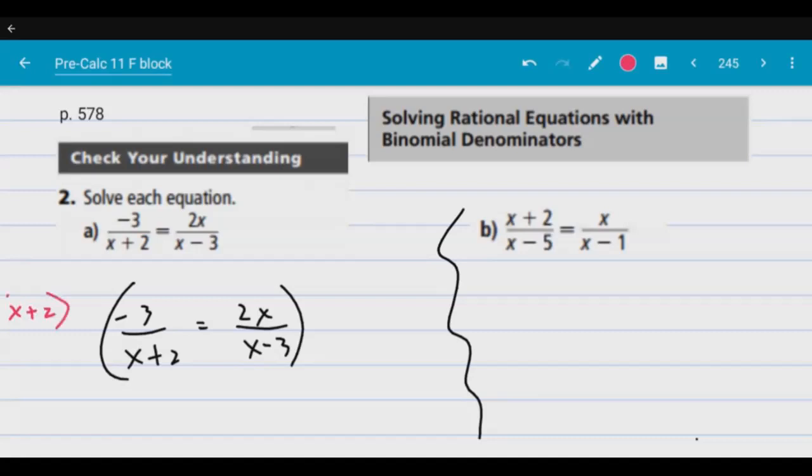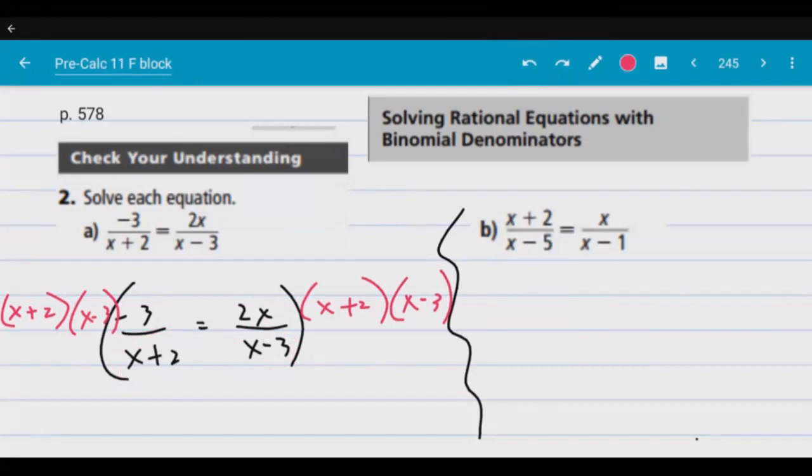Now, if you're thinking why, because it's the same as finding a common denominator. So that's what I'm trying to do. The common denominator would be to multiply the two, right? This and this. But what if instead of finding a common denominator, I multiply both sides by those two denominators so that I will be able to get rid of the denominators? Watch what I'm going to do.